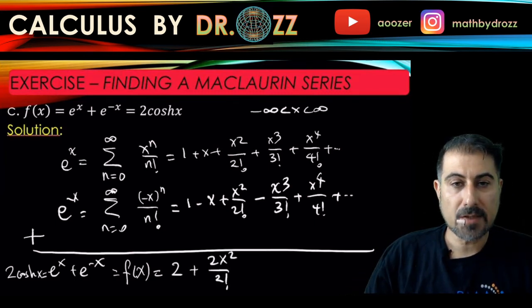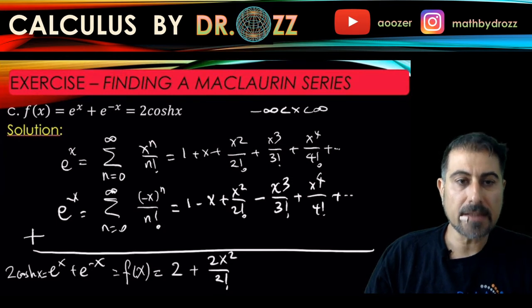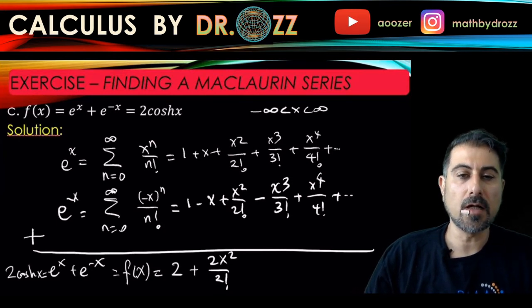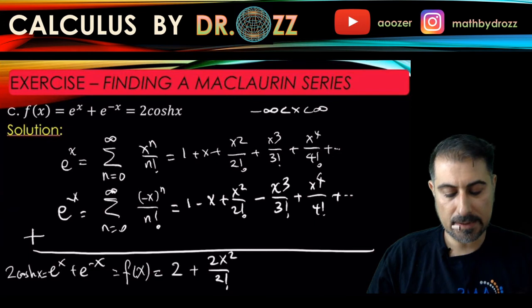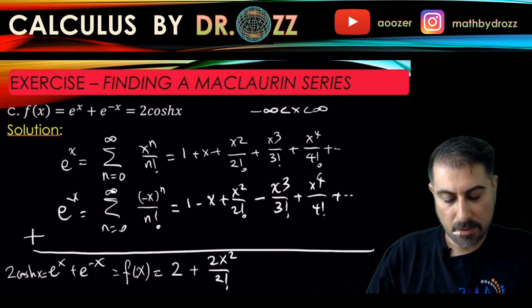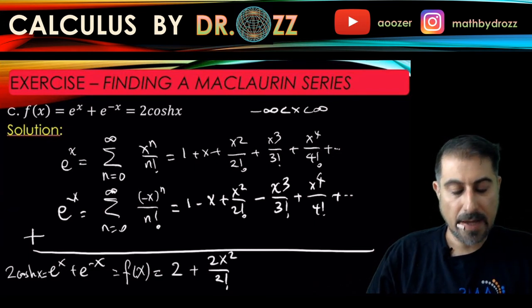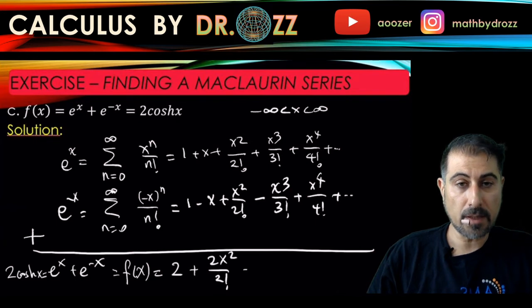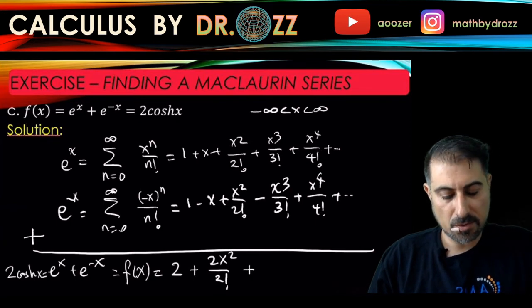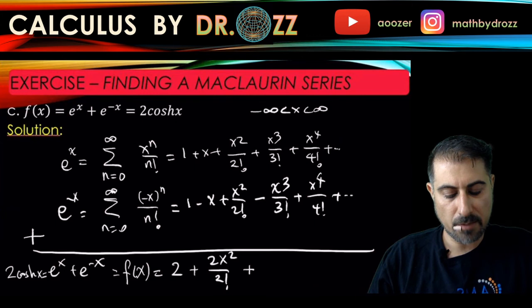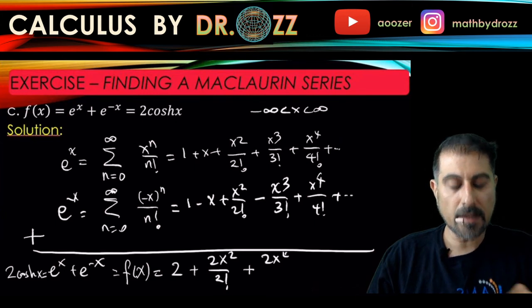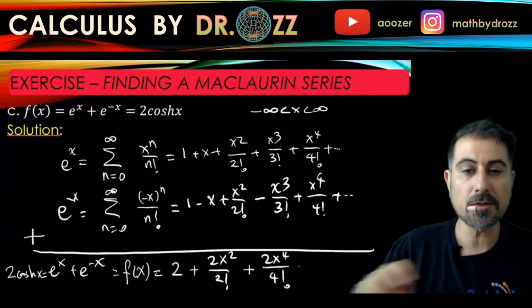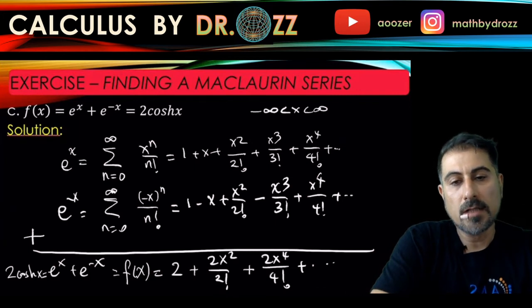Okay, I have x cubed over 3 factorial added to negative x cubed over 3 factorial. That adds up to 0 as well. Plus, I have x to the 4th divided by 4 factorial, and another one of that, so it's going to be 2 times x to the 4th divided by 4 factorial, and on and on. Okay, all the odd-powered terms are gone.